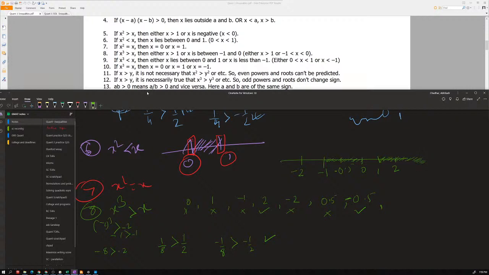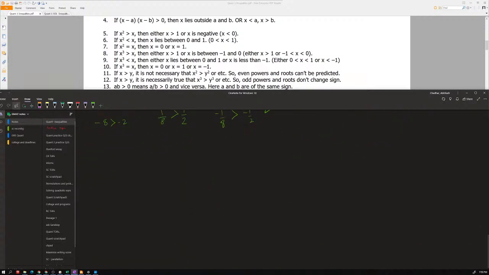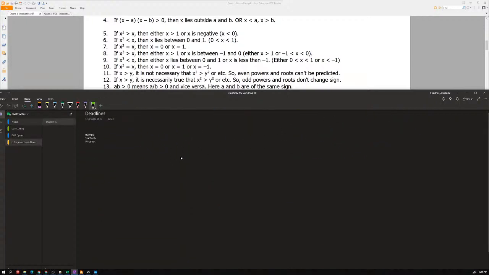It's a weird range, but it says that either x lies between minus 1 and 0, or x is greater than 1. This is number 8.